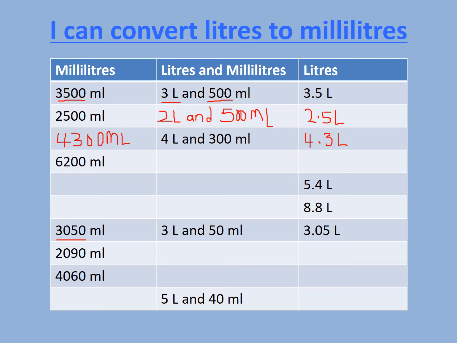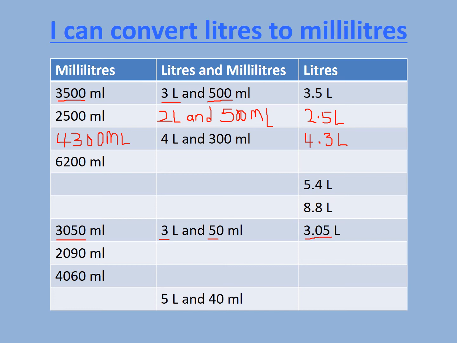That is why we have 3050 milliliters. And how can it be divided to liters and milliliters? 3000 milliliters will give us how many liters? 3 liters and 50 milliliters, which is equal to 3.05 liters.